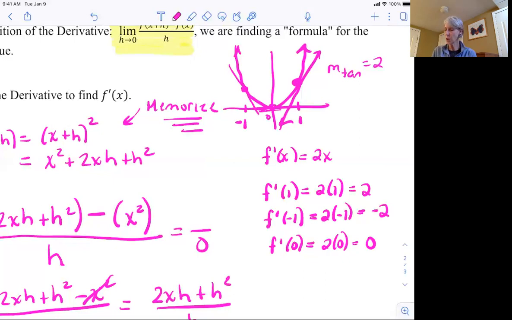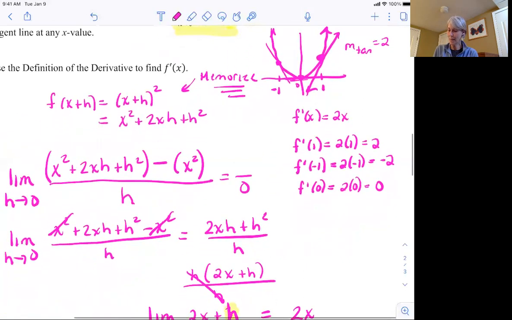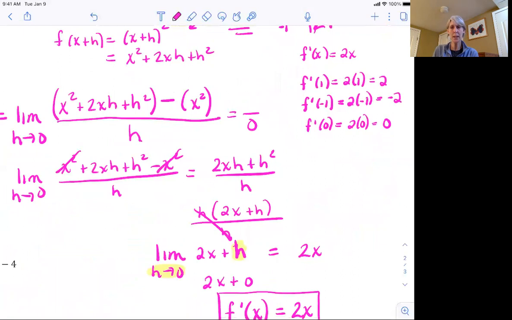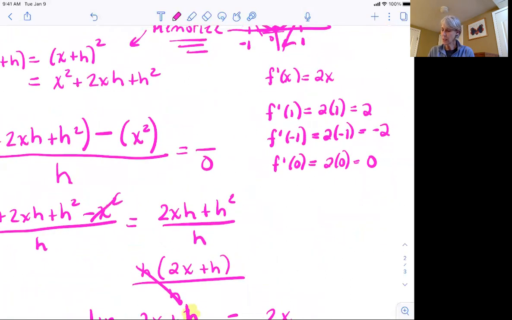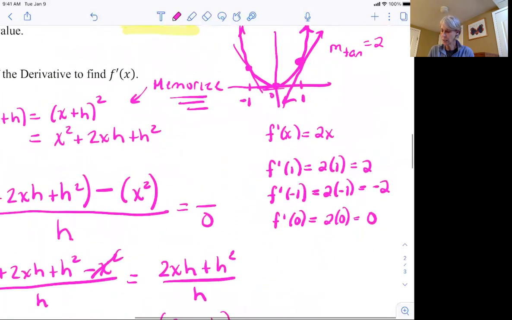Okay, so this now is huge. This is important. It might take a little bit longer in the beginning, but if you need to evaluate, right down here, now we have a rule that we can get the derivative function, or we can get the derivative or the slope of the tangent line at any given point using this rule.